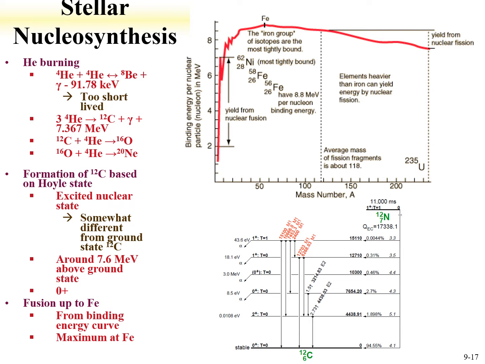This is called the Hoyle state. And if we look at the excited nucleus of carbon, we see that there's a nuclear state about 7.6 MeV, close to this predicted Hoyle state.